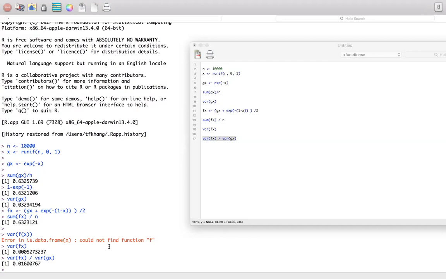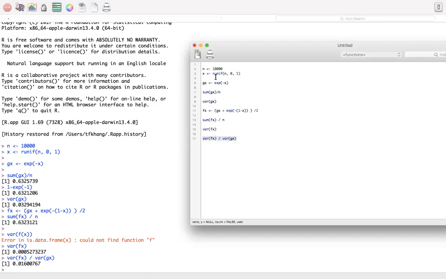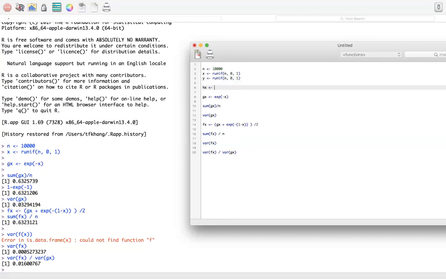The use of independent would be like, for example, you generate another set of uniform values and then just average out the independent values. This part is not using antithetic variables because your x and y are independent. Antithetic variables are correlated, because the reduction depends on the negative correlation.